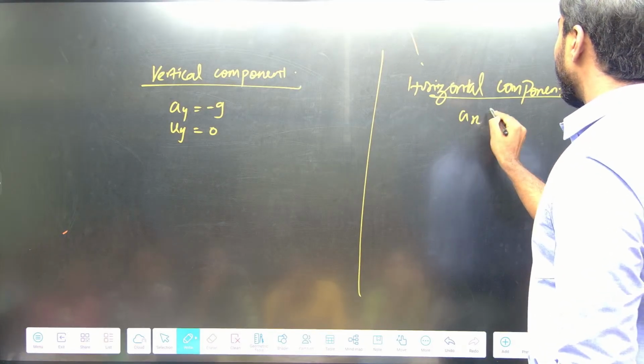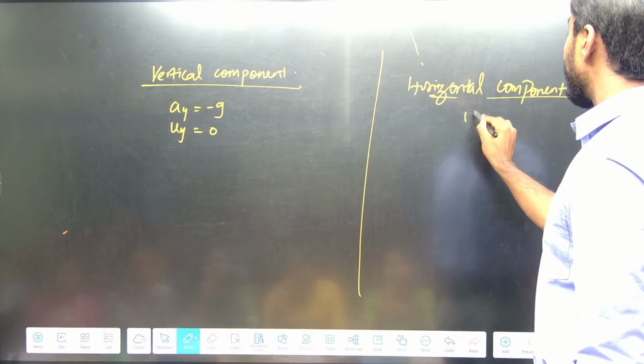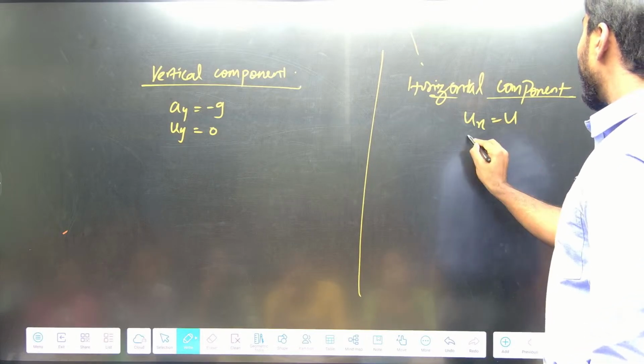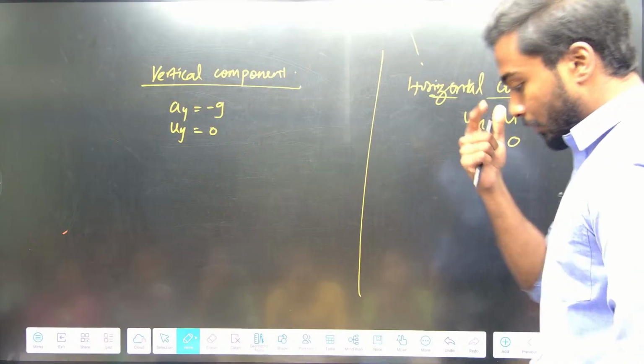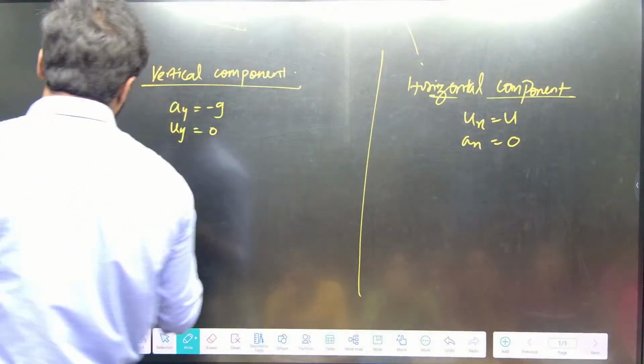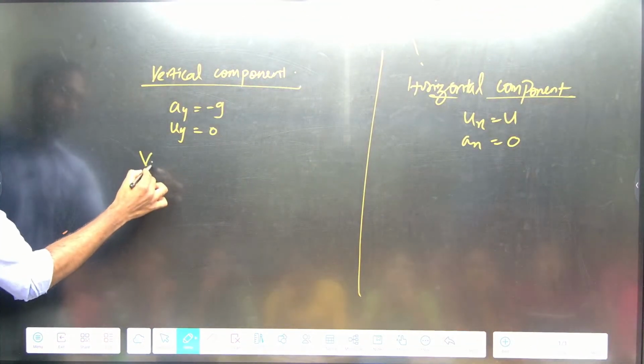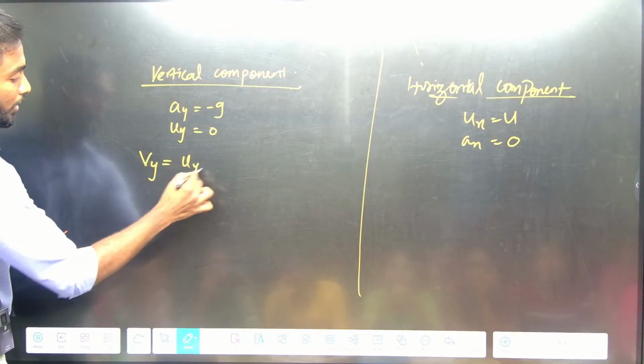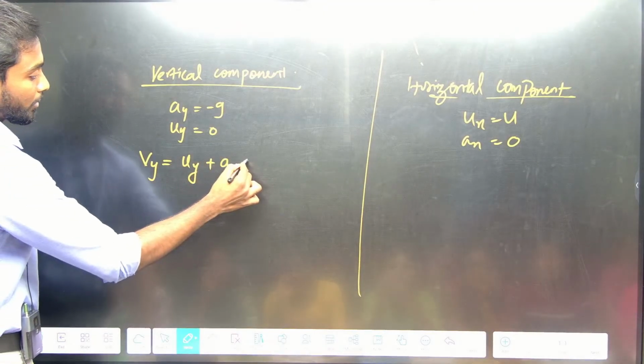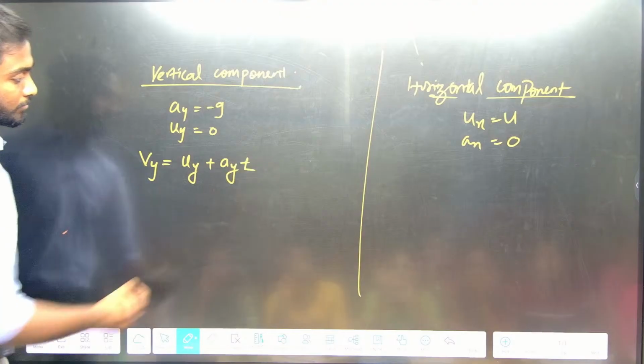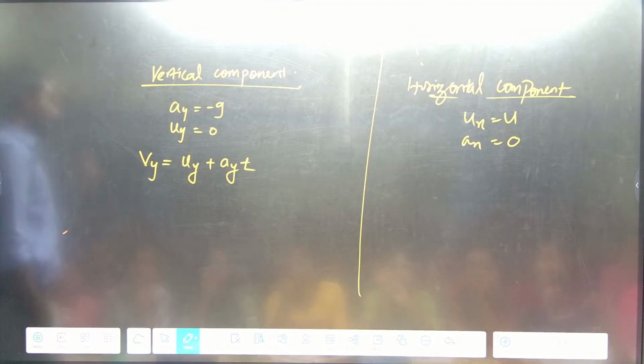So ux equals u and ax is equal to 0. Now vy is equal to uy plus ay into t, right? Yes or no?